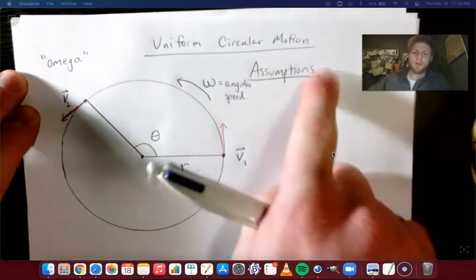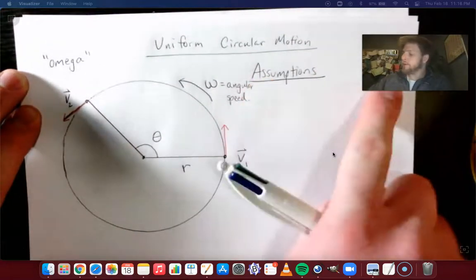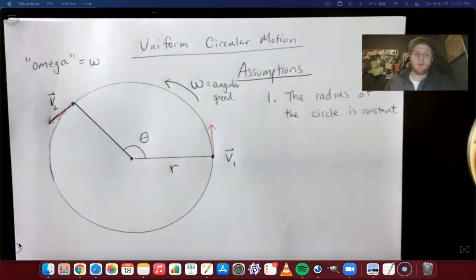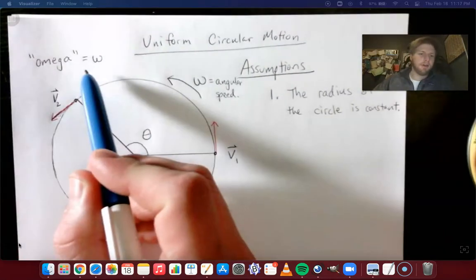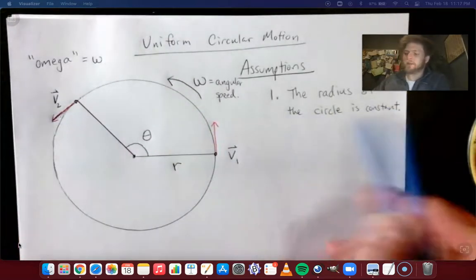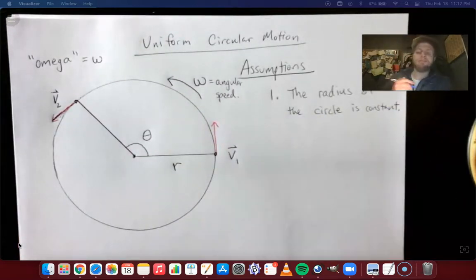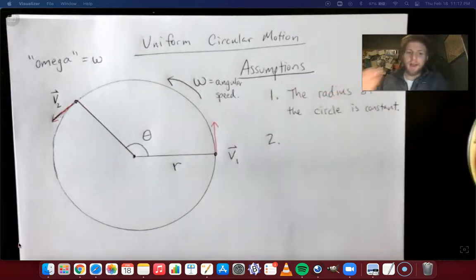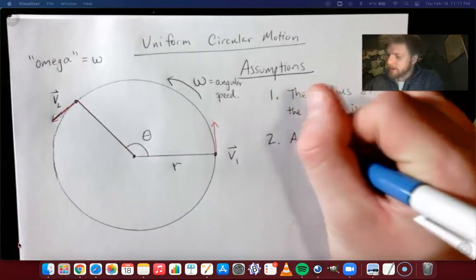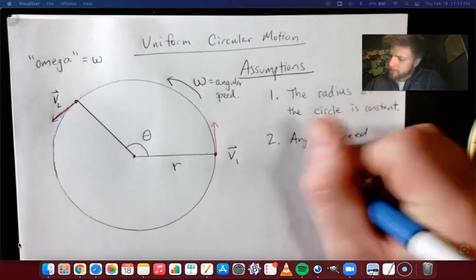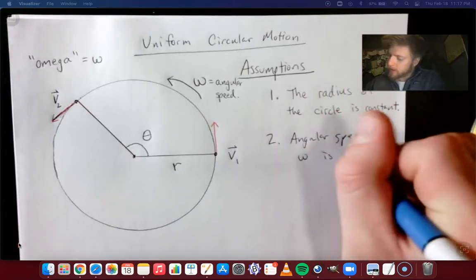Okay, and now, you saw me write this over here a moment ago, we're going to make some assumptions when we do uniform circular motion. So you can see I just added the omega there. The first assumption is that the radius of the circle is a constant. Things get very complicated when you change the radius, so we're going to leave that constant. The next thing that we're going to assume for right now is that the angular speed, omega, is constant.